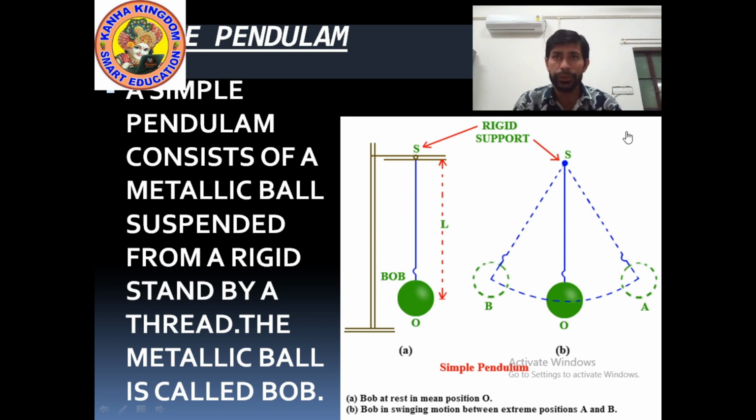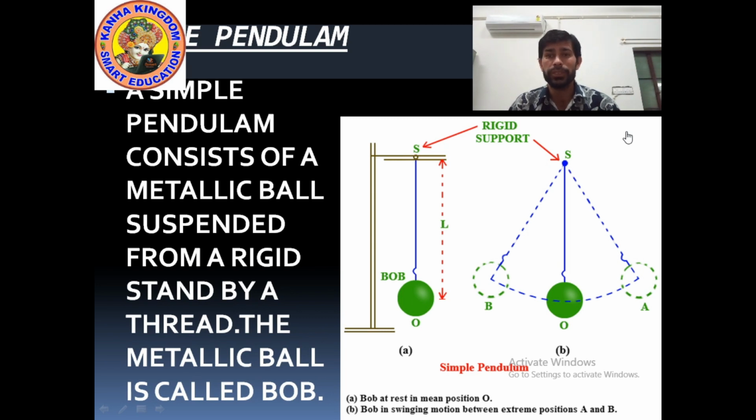The thread I have shown in blue color. Can you see the thread of blue color? Yes, it is suspended from a rigid support, and I have shown the rigid support with S. Can you see S? Yes, S is the rigid support, or you can say point of suspension.